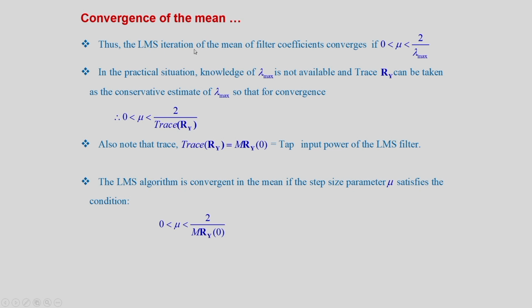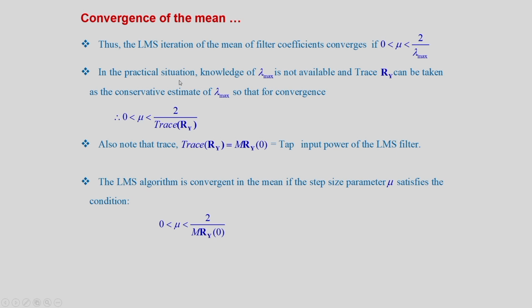Thus, the LMS iteration of the mean of the filter coefficients converges if mu lies between 0 and 2 by lambda max. So, if we consider in terms of the mean of the filter coefficient, then the iterations will converge as long as mu is between 0 and 2 by lambda max.